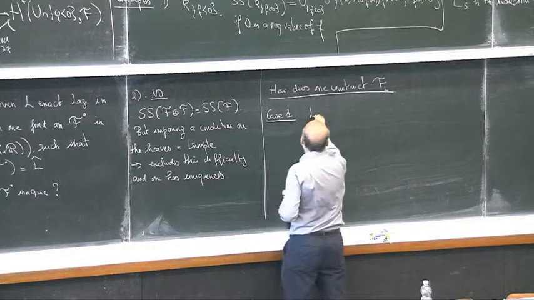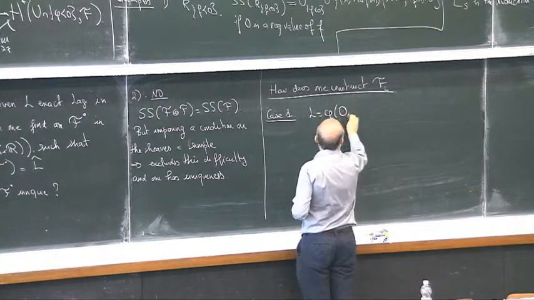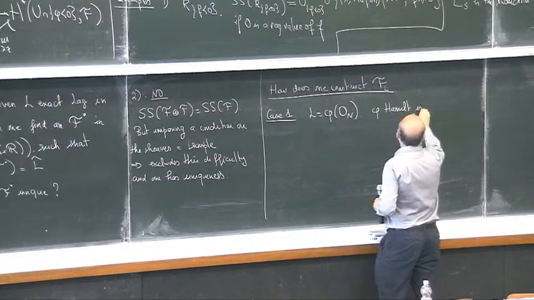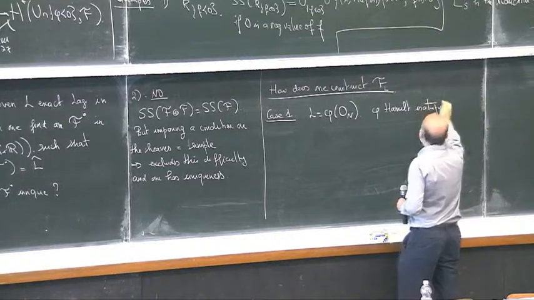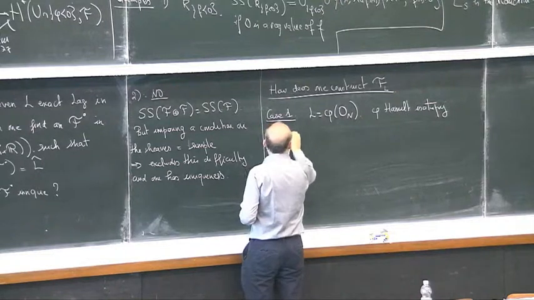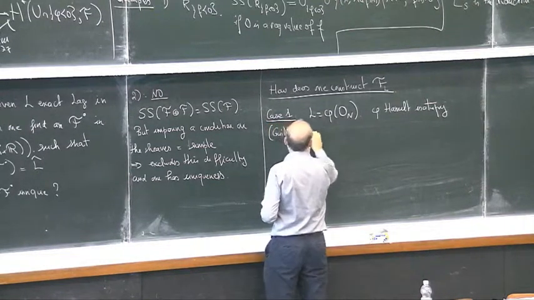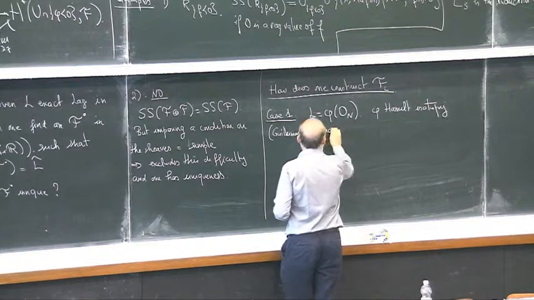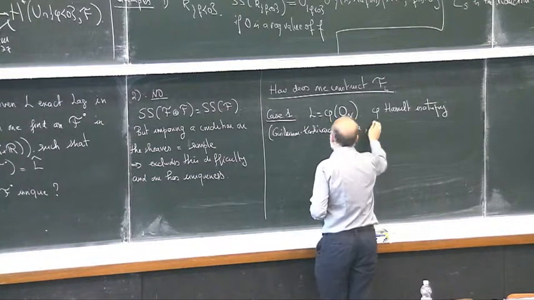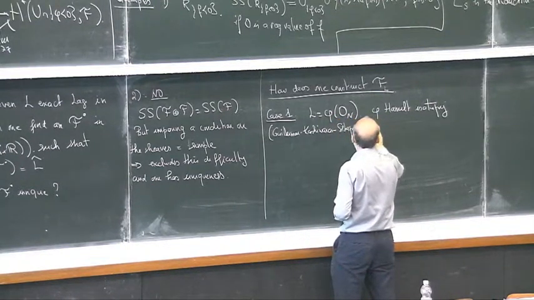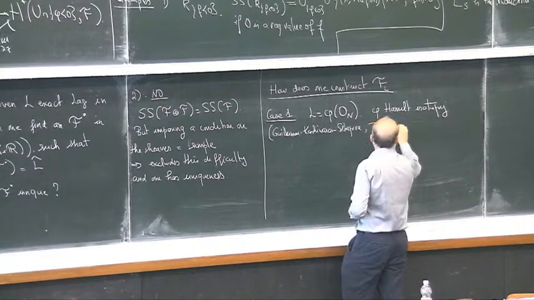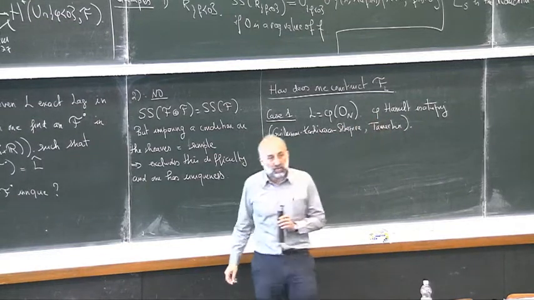The first situation is the case where L is the image by phi of the zero section, and phi is a Hamiltonian isotopy. So this is done, for instance, in the paper by Guillermou, Kashiwara and Schapira, and also is related to some previous work by Tamarkin.